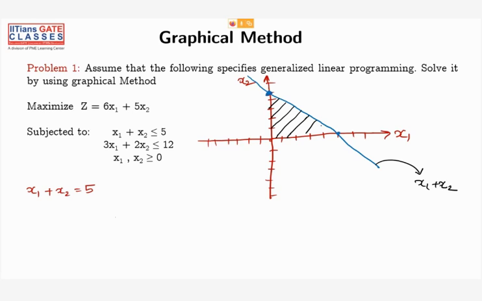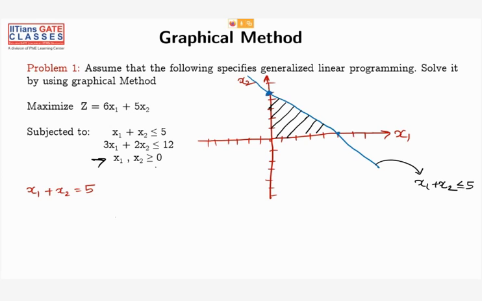Why am I not going beyond these values? Because of the non-negative constraint. It means x1 and x2 will never be negative, so the solution set should be only in the first quadrant. The second, third and fourth quadrants are discarded because of the non-negative constraint. That's why I'm not shading beyond these regions.